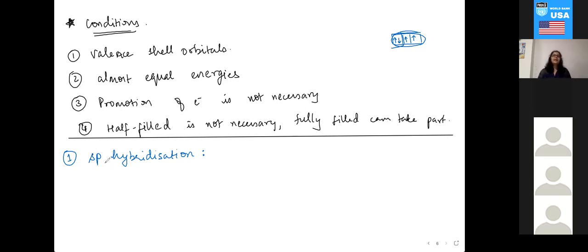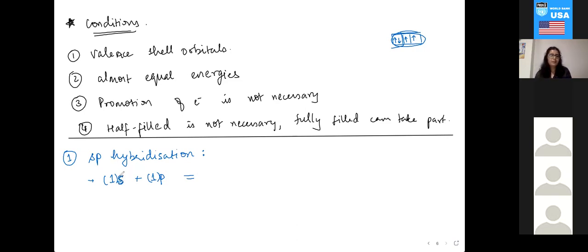So in sp hybridization, you get sp hybrid orbitals when one s orbital and one p orbital, I don't mean 1s, 2s, just one number of s orbital and one number of p orbital, mix together.